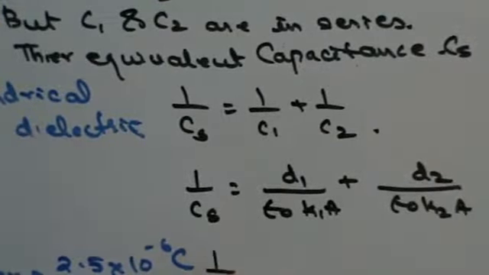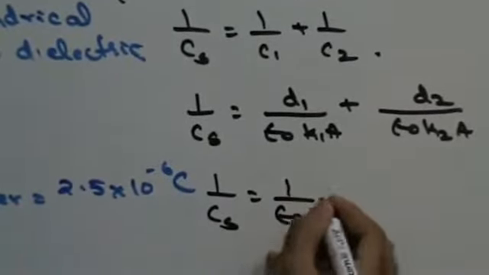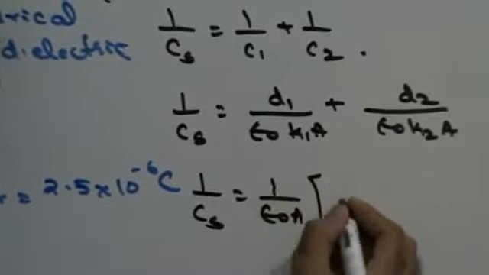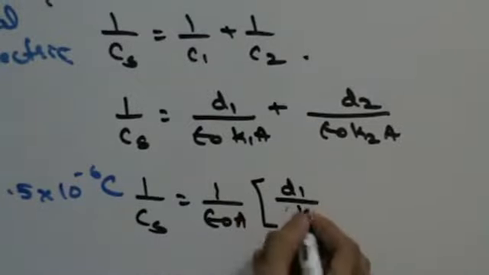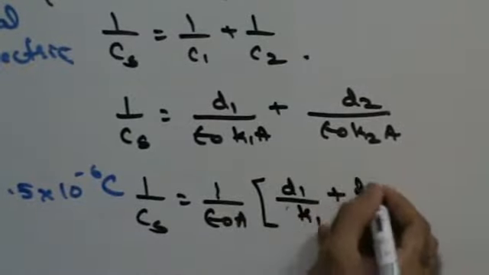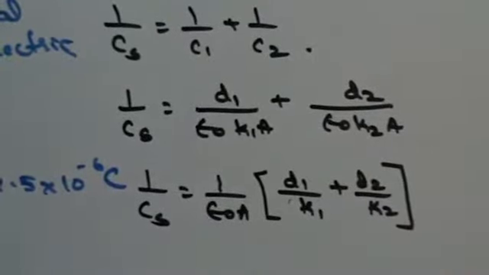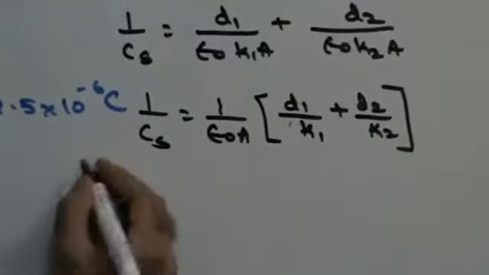Here I can say 1 upon CS is 1 upon epsilon 0 A common, so that will give you D1 upon K1 plus D2 upon K2.